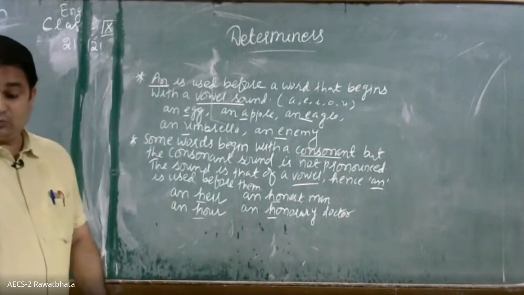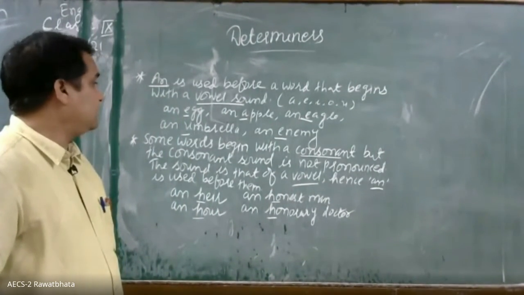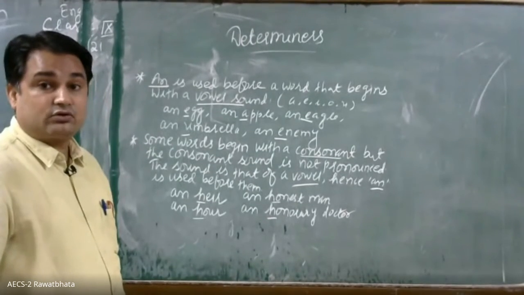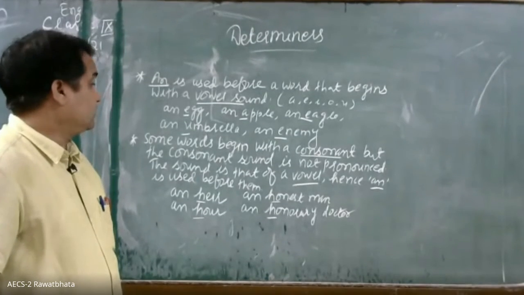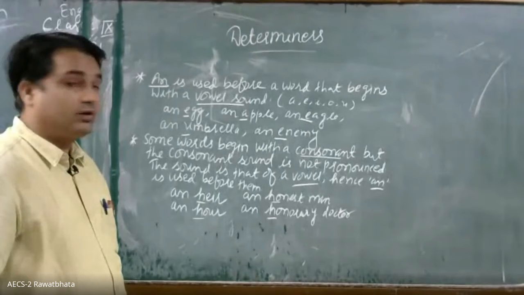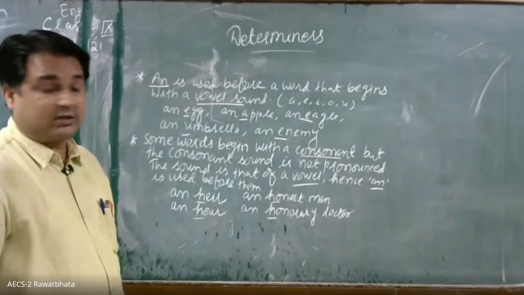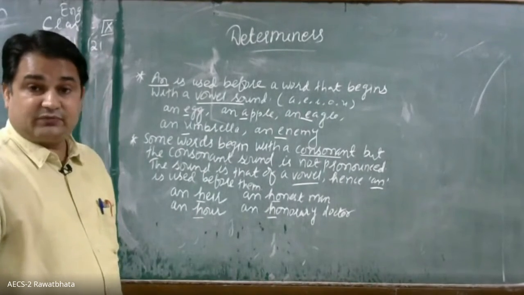Okay, so in all these cases, the word is beginning with what? It is beginning with a consonant. But the consonant sound is not pronounced. The sound is that of a vowel. And hence a vowel sound is there. What will be used before them? "An" will be used before them.